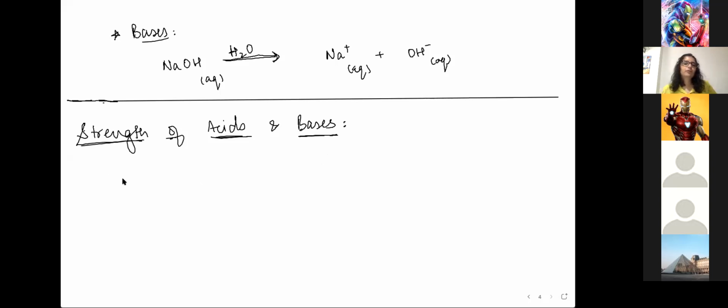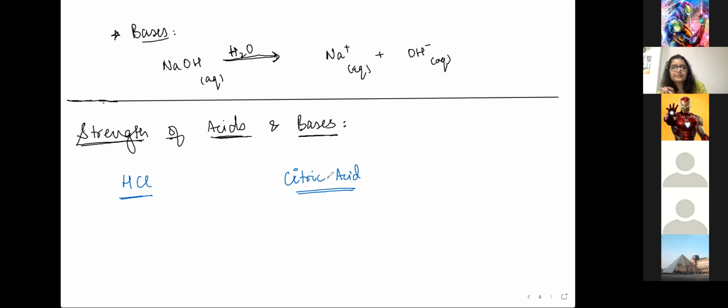What is the difference between HCl and, let's say, citric acid? Both are acids, meaning both give out H plus ions, but HCl is more reactive because citric acid is organic.